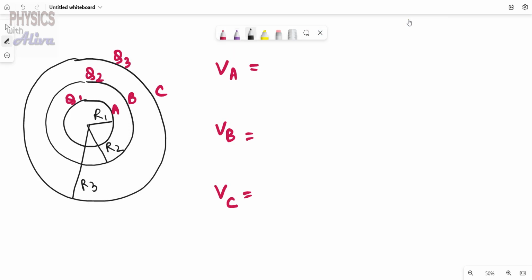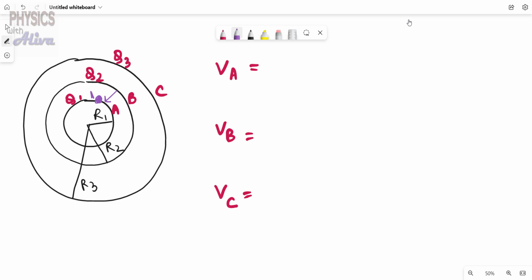When we are calculating the potential on the surface A, we have to consider three spheres. Suppose we are considering this point, point number 1. This point is the surface point for sphere A. For sphere B, this point is an inside point.